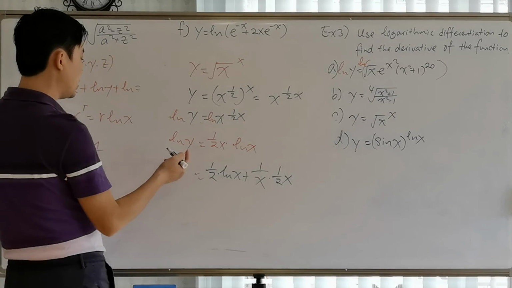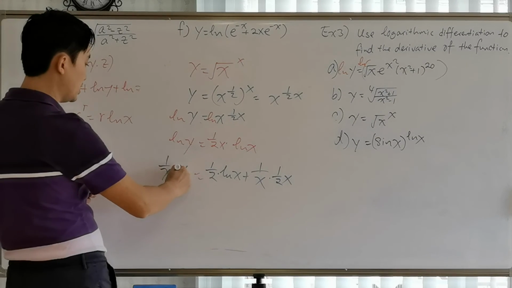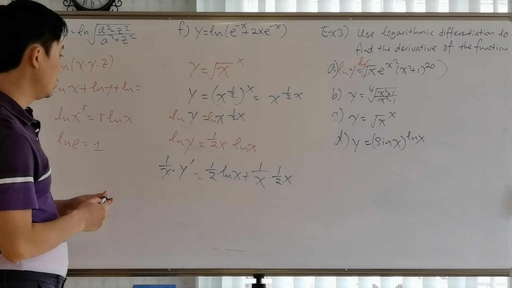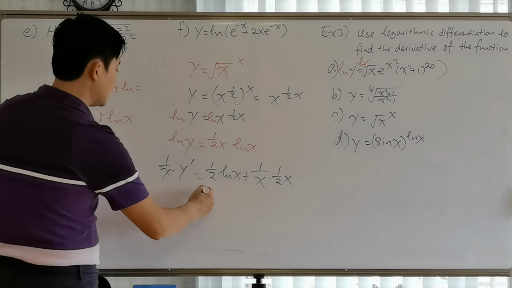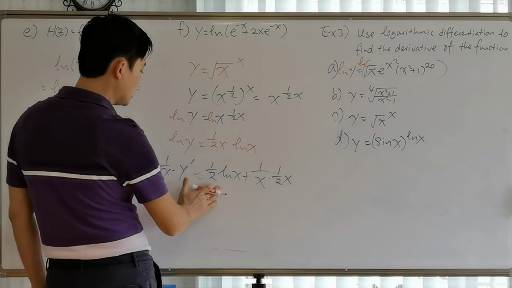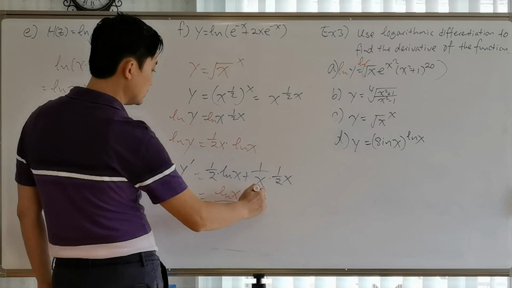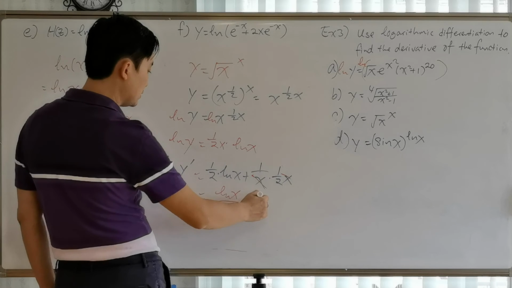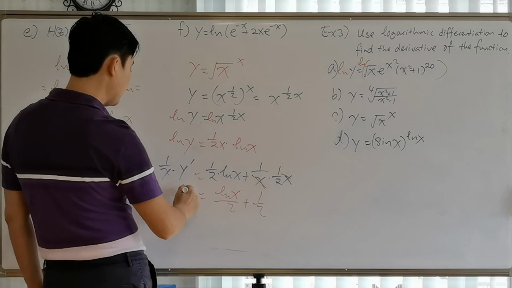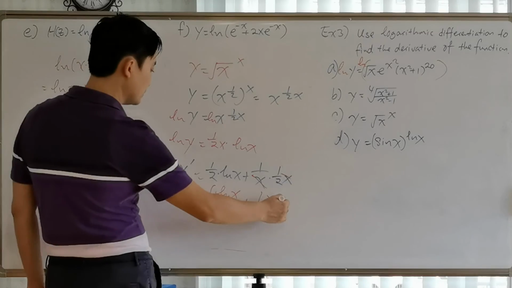And the one on the left hand side, the derivative of natural log of y is 1 over y times y prime, chain rule. Things that we can simplify on the right hand side: natural log of x over 2, and then plus, well, x got cancelled, so we got 1/2. So y prime equals this whole thing times y.